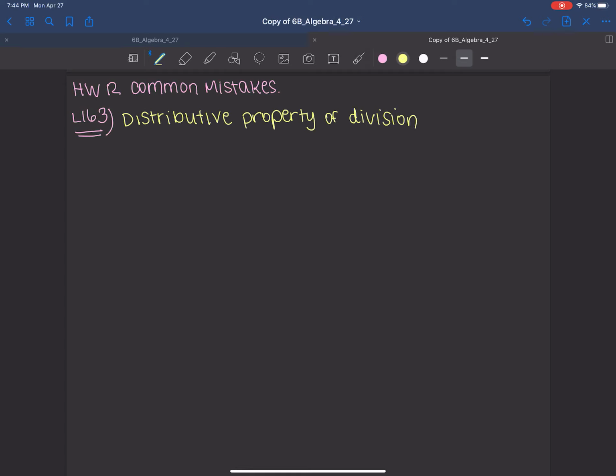So the distributive property of division tells us that if we have a plus b as a sum and we divide it by c, then we're going to have a divided by c plus b divided by c. Okay? So we can take the divisor and the division operation and distribute it to b and a.